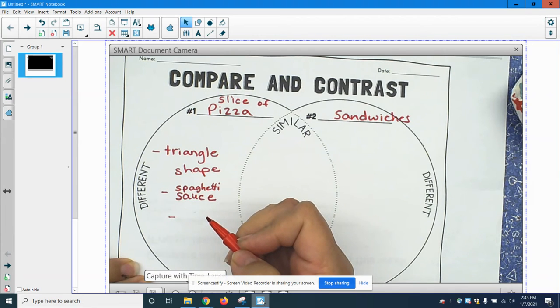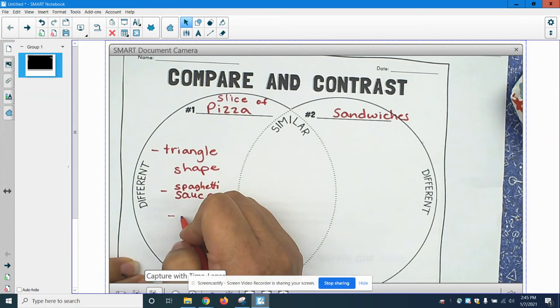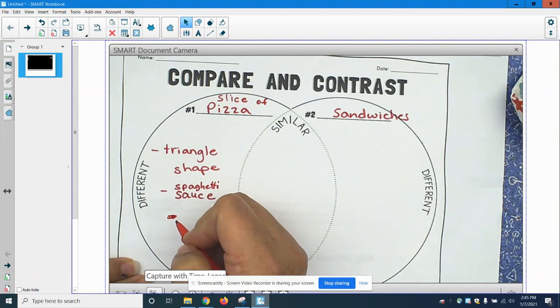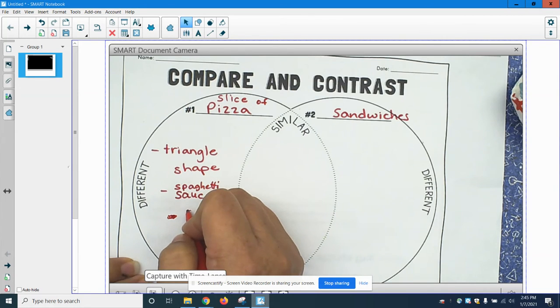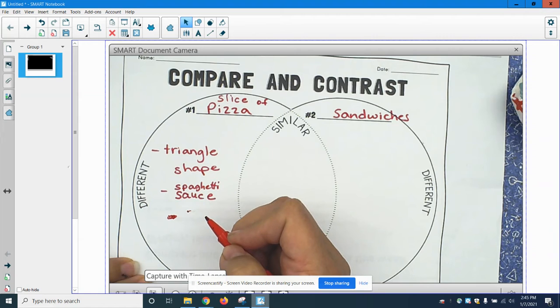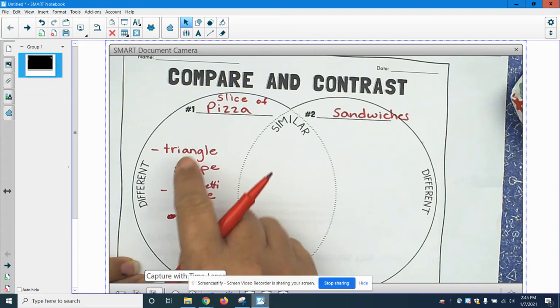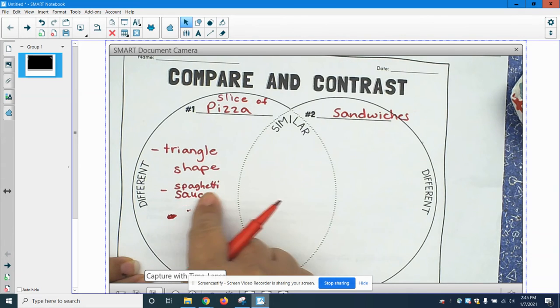Sometimes it's hot. Well, no, sandwiches can be hot too. All right, so that's what I've got. I've got a triangle shape and spaghetti sauce.